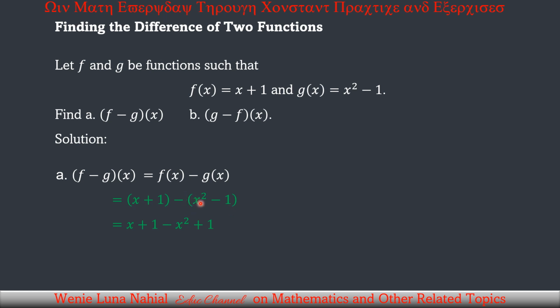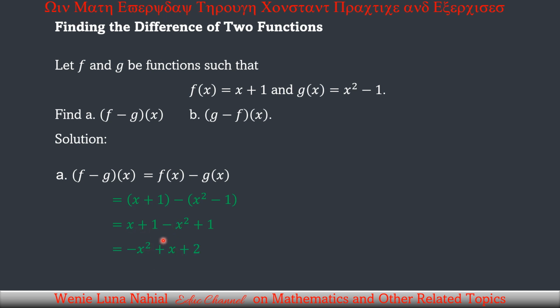So negative times x squared is negative x squared. The negative times negative 1 is positive 1. So you have 1 plus 1, so that is 2. Then you have this.